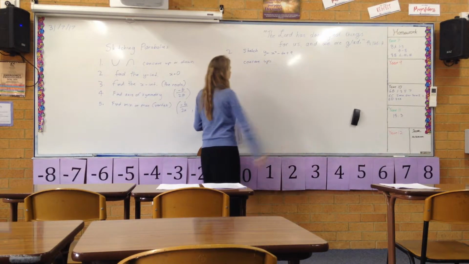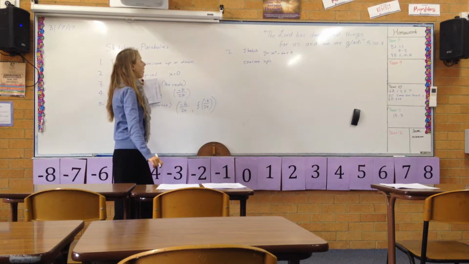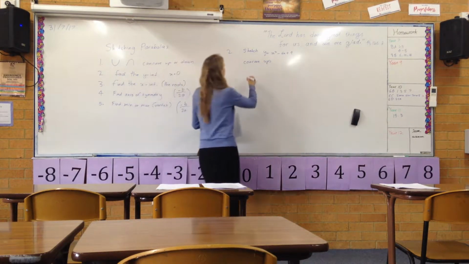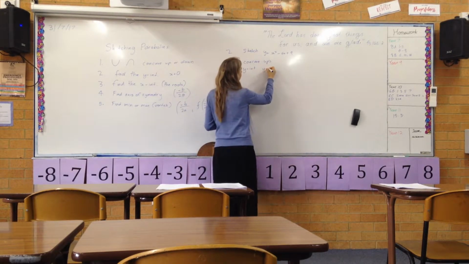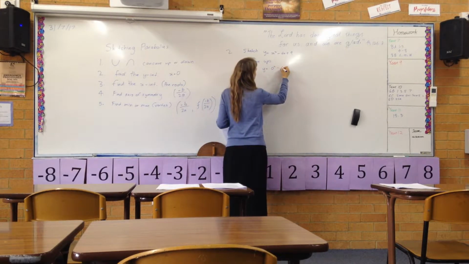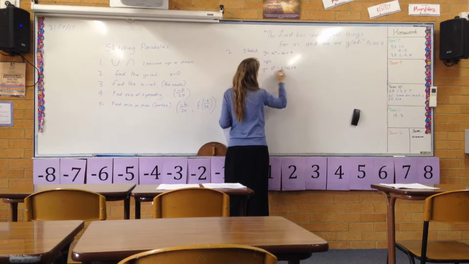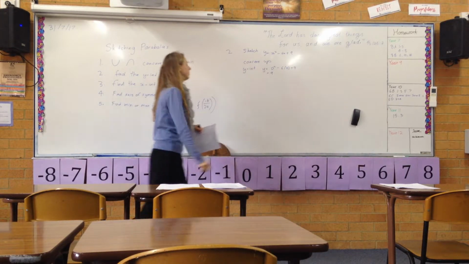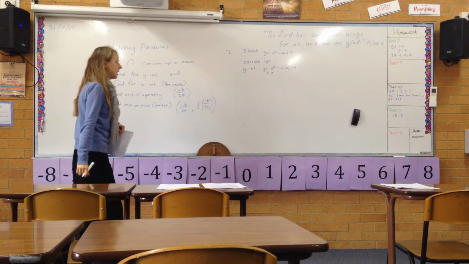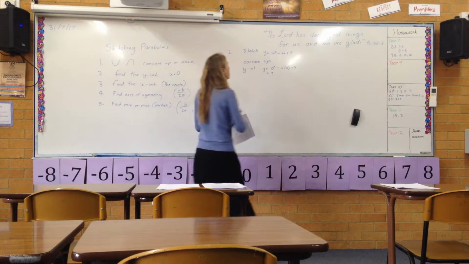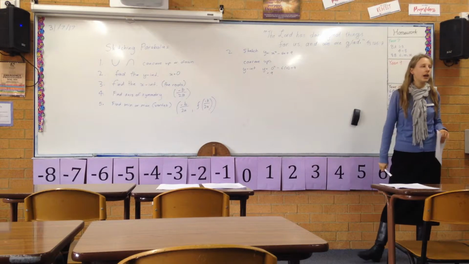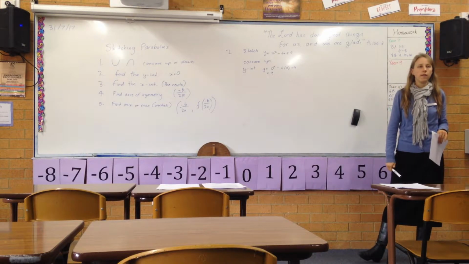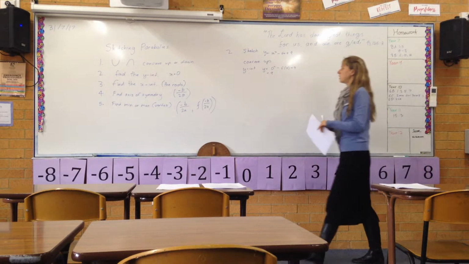Let's see, we want to find the y-intercept. So y equals 0 squared minus 6 times 0 plus 9, so it equals 9. Done. The x-intercepts. Well, can we think of two numbers that multiply to give 9 and add to give minus 6? Minus 3 and minus 3.